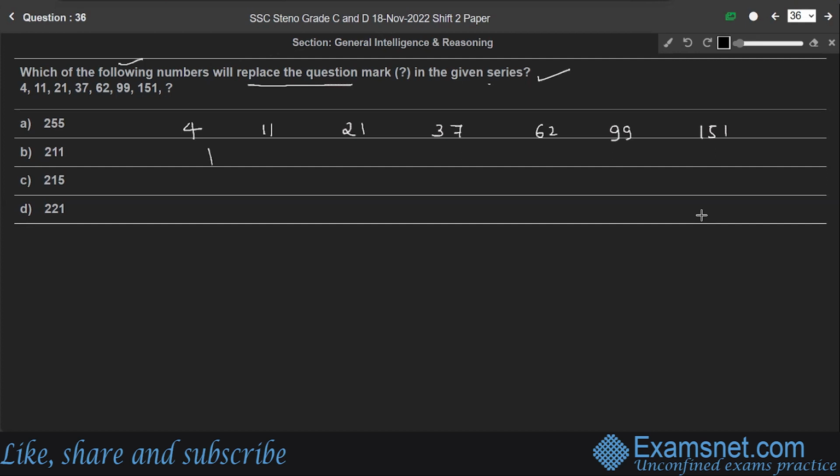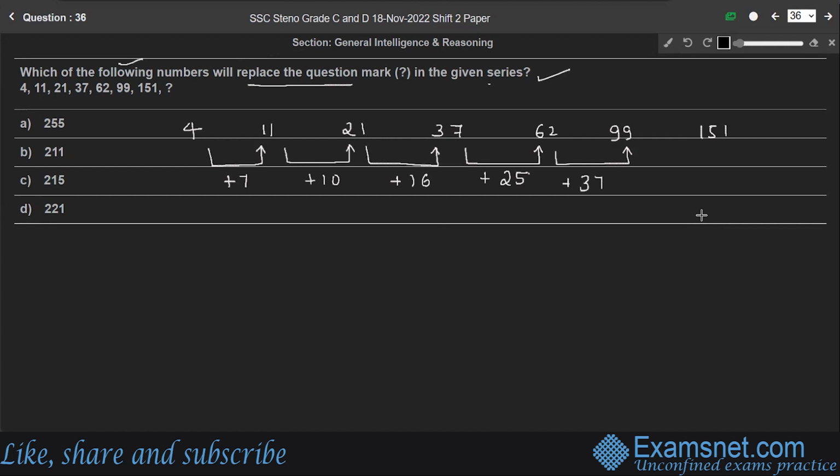Here 4 plus 7 is 11, 11 plus 10 is 21, 21 plus 16 is 37, and 37 plus 25 is 62, and 62 plus 37.